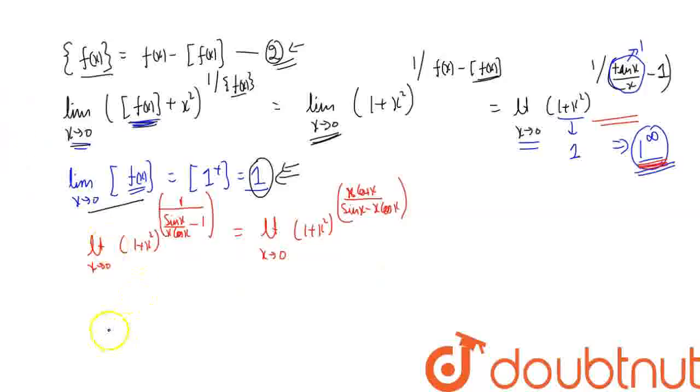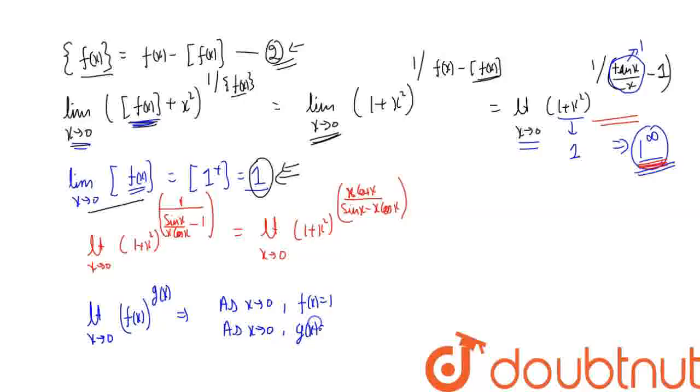For solving this limit, we have a formula. We know that if we have the limit as x tends to 0 of f of x whole to the power g of x, and along with this, f of x tends to 1 and g of x tends to infinity as x tends to 0, then we have the 1 to the power infinity kind of indeterminate form.